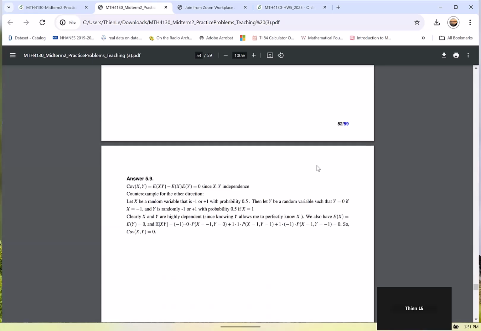Then Y is a random variable such that Y equals 0 if X equals -1. So when you know that X equals -1, then Y will be 0. And when X equals 1, then Y will be either -1 or 1 with equal probability. In this case, X and Y are highly dependent, because even knowing X, I know something about Y.